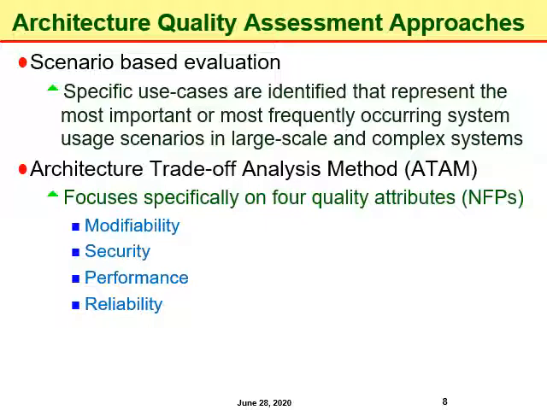This method was in fact developed at Carnegie Mellon's Software Engineering Institute. So this is a human-centric process for identifying the risks early in the software design process. It mainly focuses on four quality attributes which include modifiability, security, performance, and reliability.